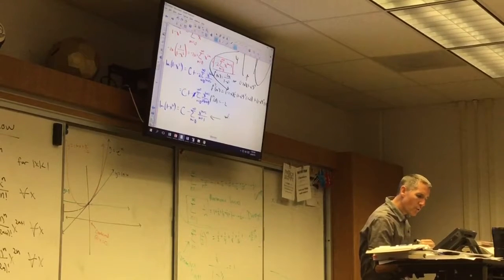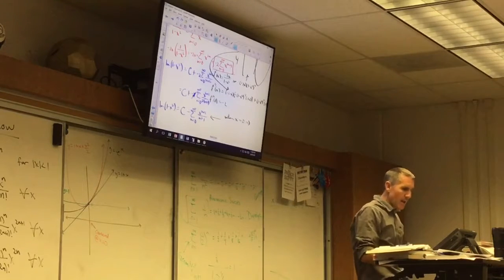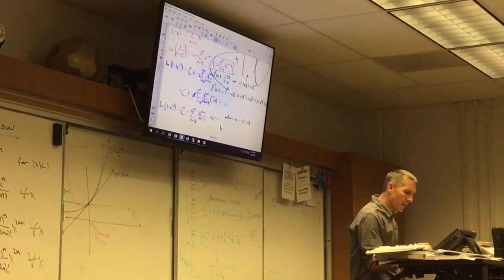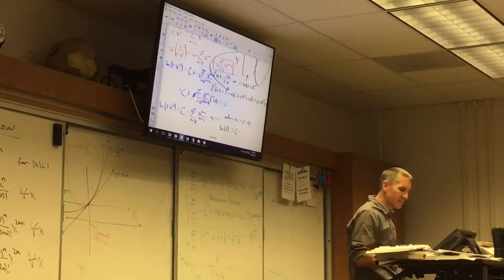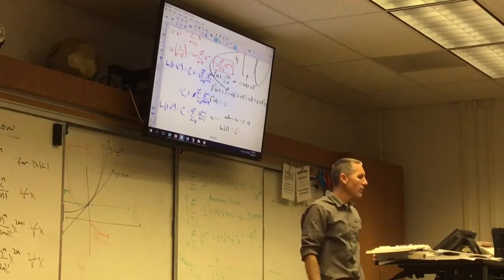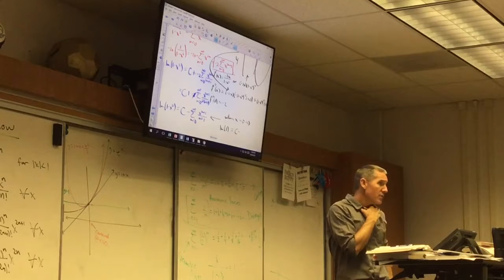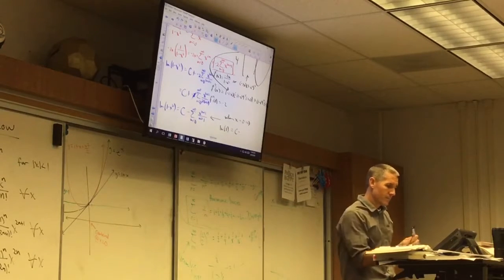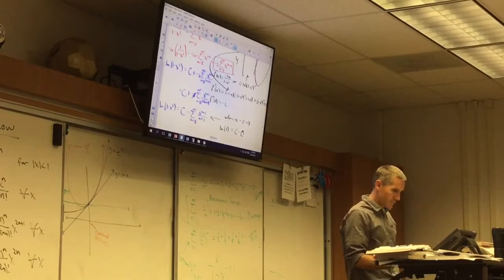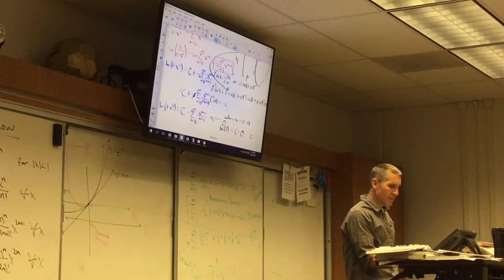When x equals 0, I would have that ln of 1 would be equal to c minus, talk to me about all of these terms when x is equal to 0. They're all 0, right? And this is just 0. So therefore, c equals 0.